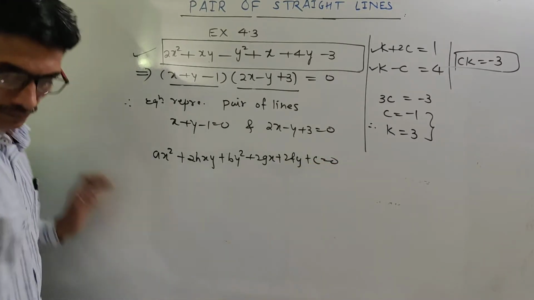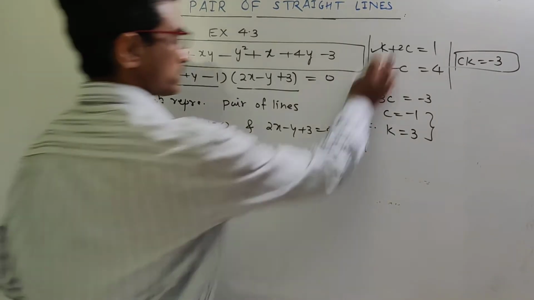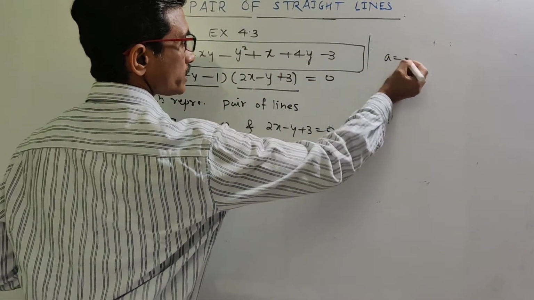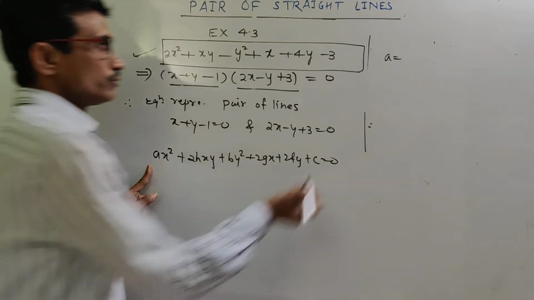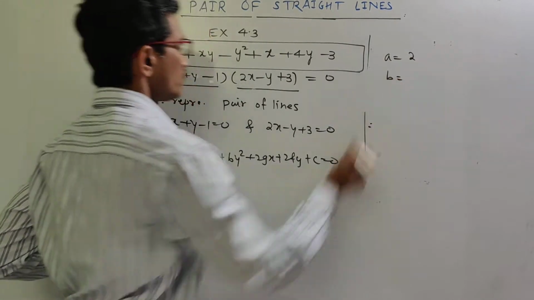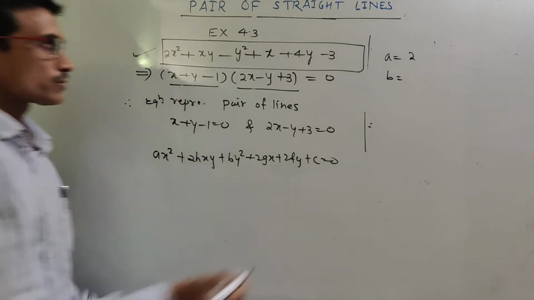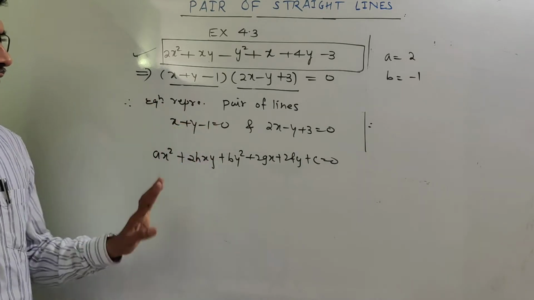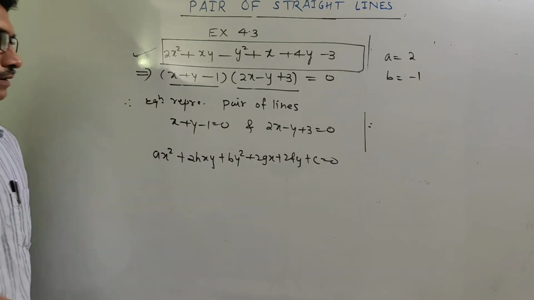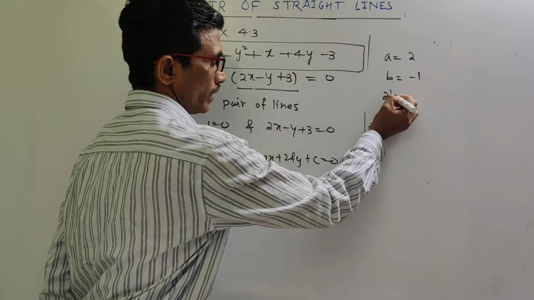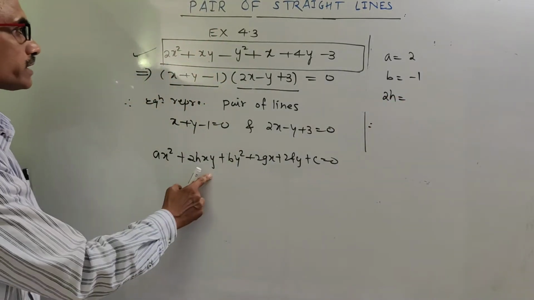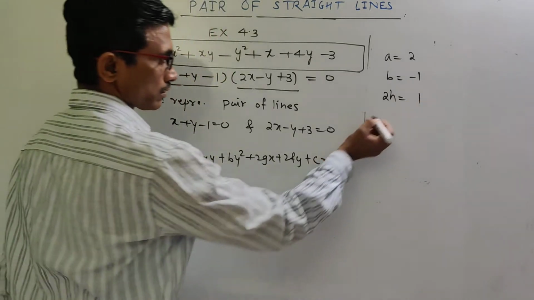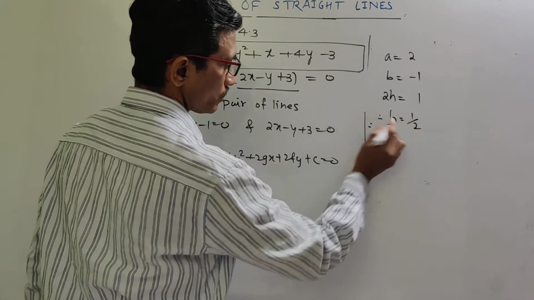So we get a, which is the coefficient of x square, equal to 2, b, the coefficient of y square, equal to minus 1, and the constant c is not required, only the angle between the lines we have to find. 2h is the coefficient of xy, so 2h is 1, therefore h is equal to 1 upon 2.